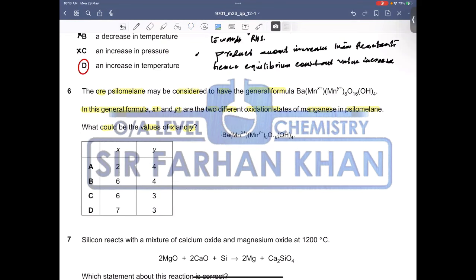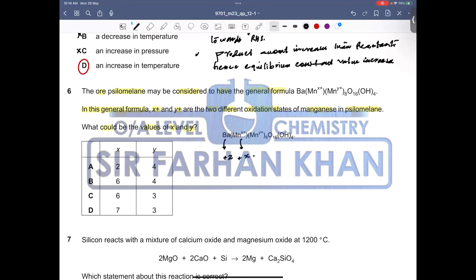Okay. So first of all, barium is found in group 2 of the periodic table, so it has a +2 charge. The quantity of manganese is 1 here, and we need to find out the value of X. So let's consider 1X because manganese is only 1, or just write X. Don't make it that complicated.